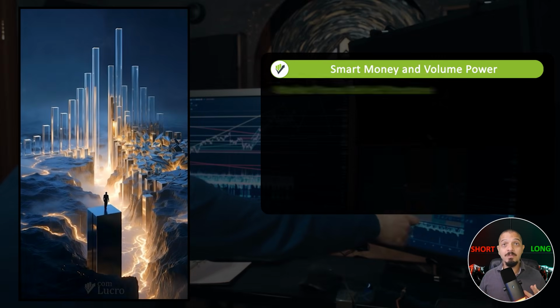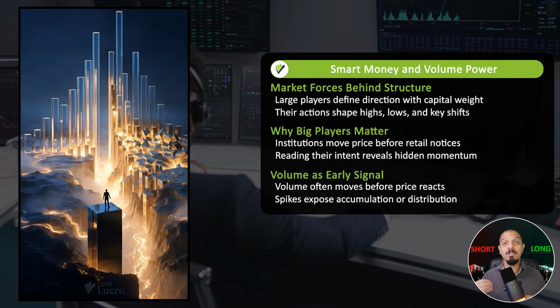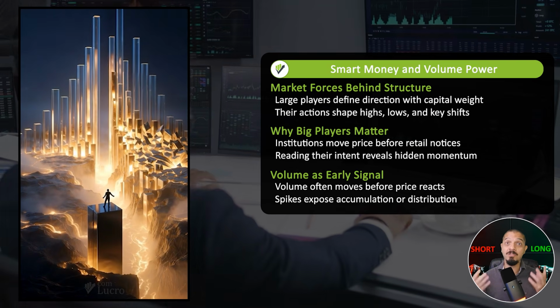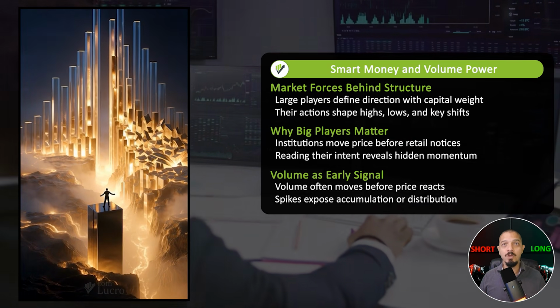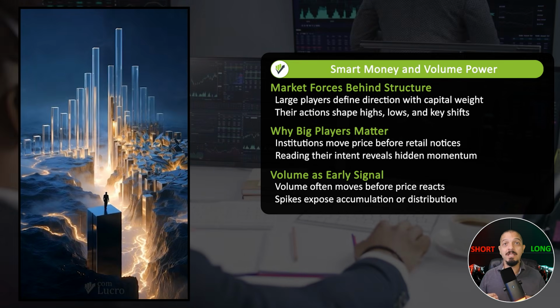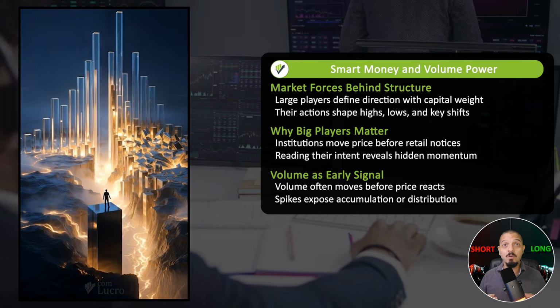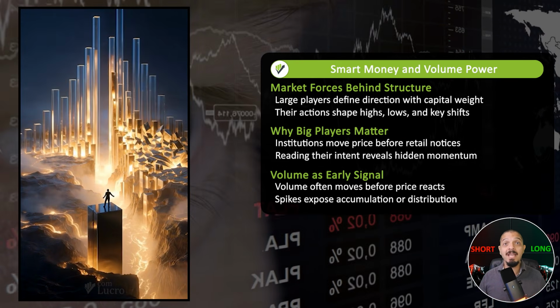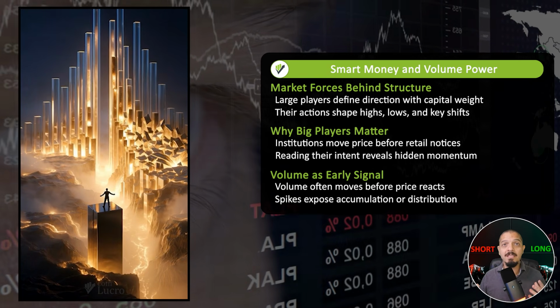Having examined both ideal and realistic market structures, we now turn our attention to the underlying forces driving these patterns. This leads us into a vital component of smart money concepts, understanding the role of significant market players and the criticality of volume analysis.